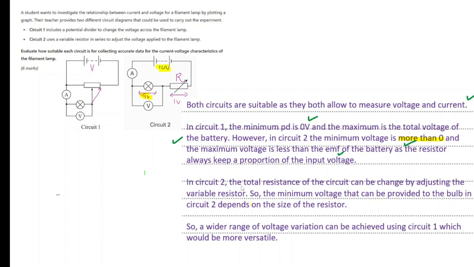And then in circuit 2, you can change the PD across the bulb by adjusting the variable resistor, and that it is dependent on the size of the resistor, and then you can come up with the conclusion. So any 6 points out of this will get you marks for a question like this.